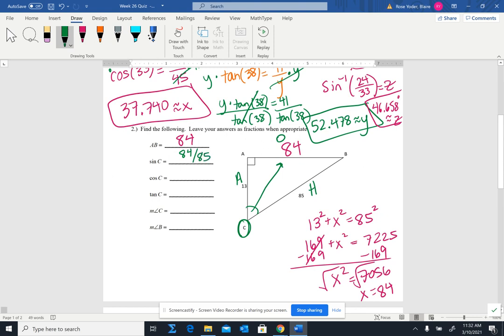Caught another hippie, A over H, 13 over 85. Tripping over apples, O over A, 84 over 13. And then in order to find the angle measures, I can go back to my calculator and pick one of these and do the inverse. So I'm going to pick that the sine is 84 over 85.